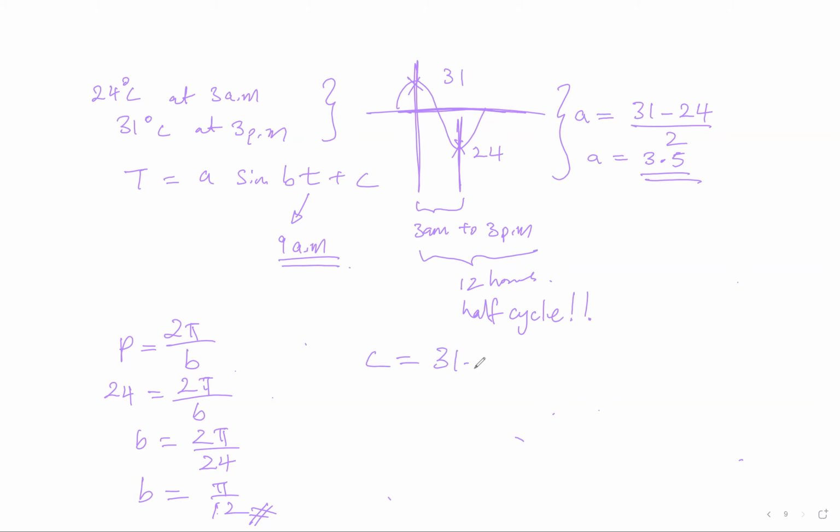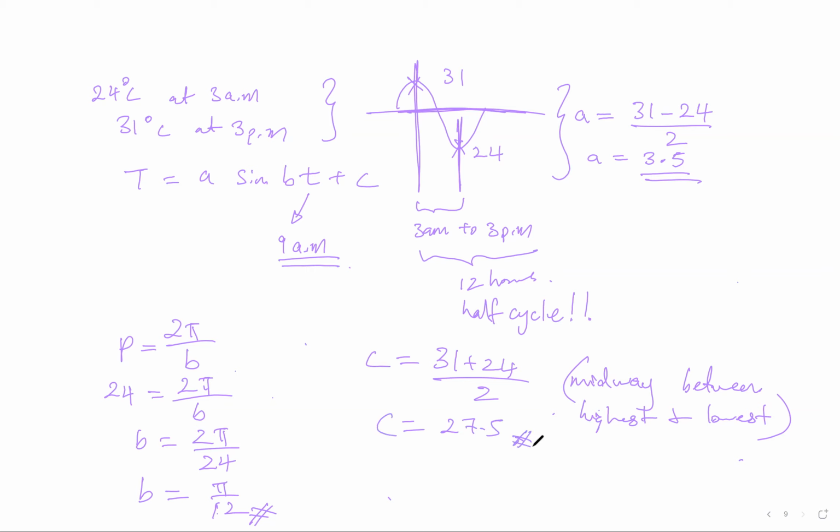So 31 plus 24. So it's like finding the midway between the highest point and the lowest point. So this one you get 27.5. So C is equal to 27.5.